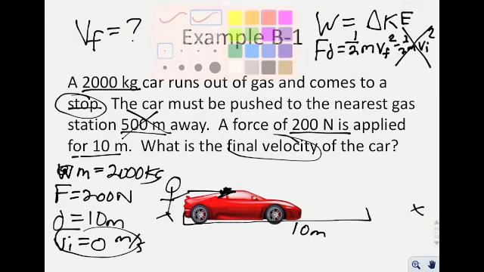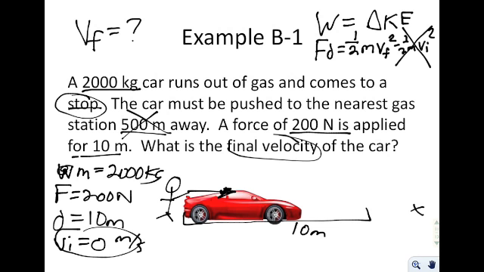So now we can plug in our numbers. Force is 200 times distance, 10, equals 1 half mass, which is 2,000, times final velocity squared. So you've got 200 times 10, which is 2,000, and you've got 2,000 here.